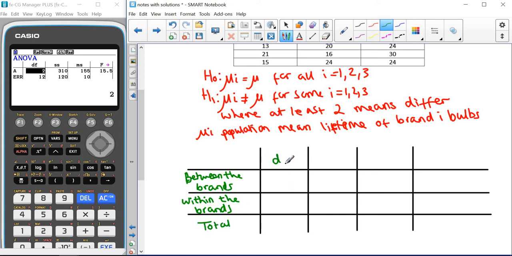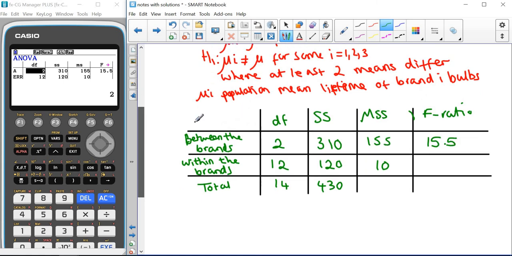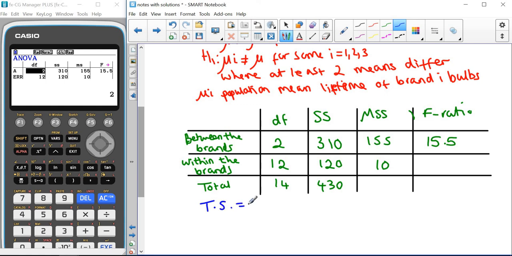Now, it doesn't matter that these have flipped round, DF, SS, MSS and F ratio. And we can copy down the values. So it's 2 for between, 12 for within, 14 in total, same as before. 310 for between, 120 for within, and 430 for the total, same as before. 155 and 10 for the mean of the sum of our squares, and 15.5 is our test statistic. So that means that the TS is 15.5.